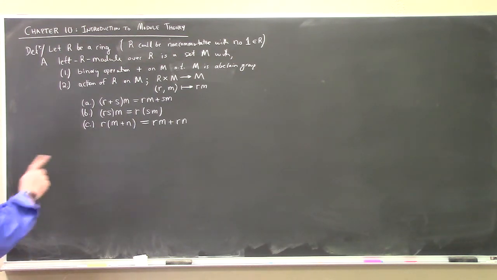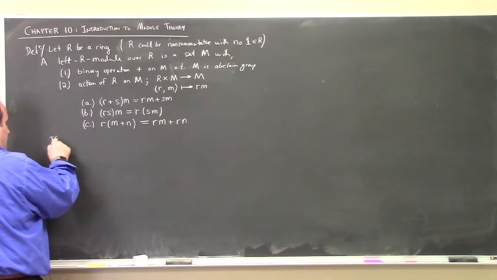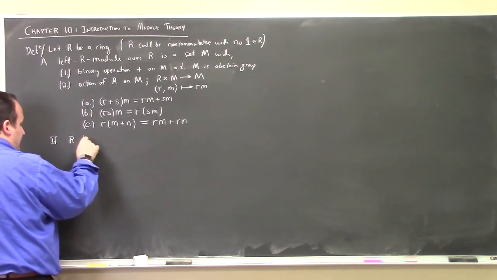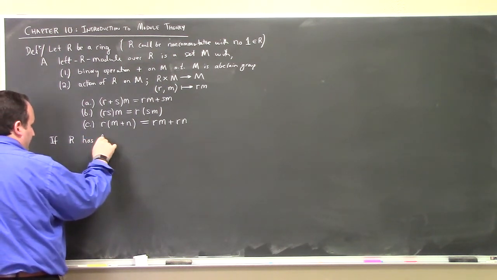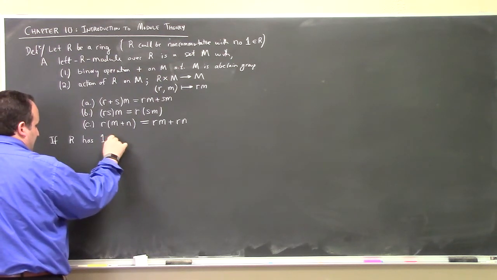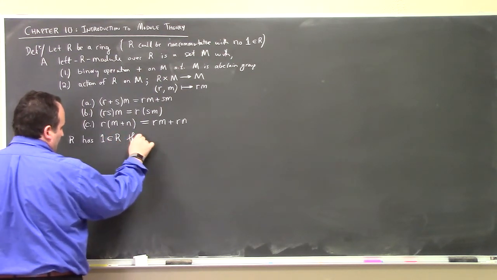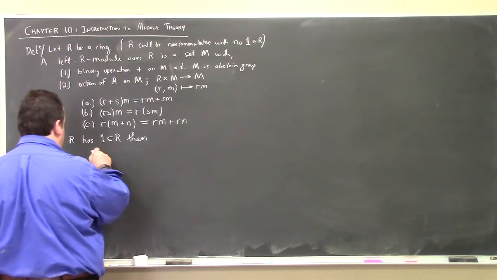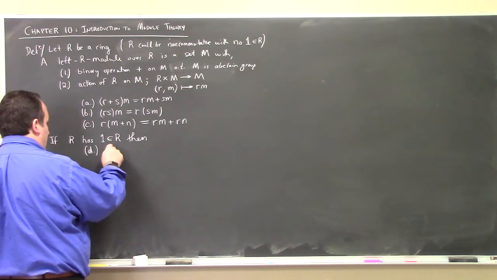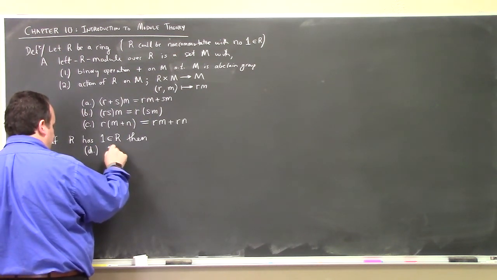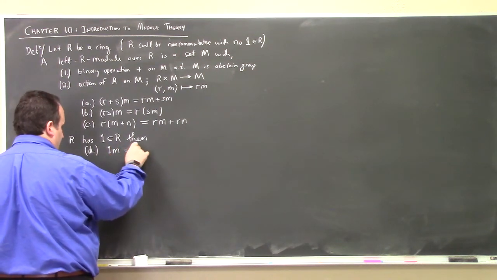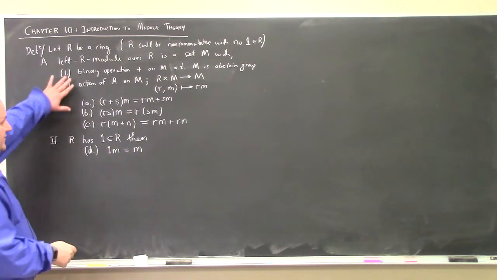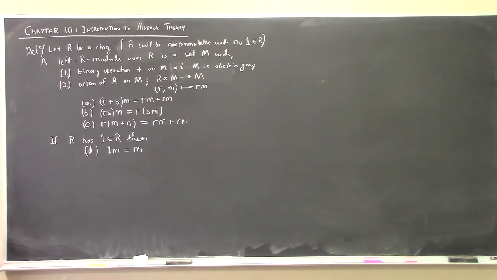And there's more. If R has a unity, if it has a multiplicative identity, then what else do we insist? We insist that we have one additional axiom. What do you think 1 times m should be equal to? m, right. And of course, all of these hold for all r and s, or for all m and n, right?